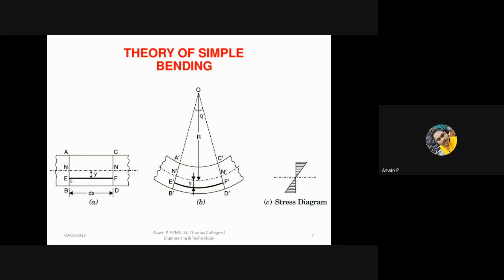If you are considering that, the length between AB and CD will be dx. Applying simple bending, automatically this will bend down. You can see that the neutral axis is bending about a radius of curvature R. The center of the radius of curvature is denoted as point O, and the angle is theta or phi. Normally we will take it as phi.